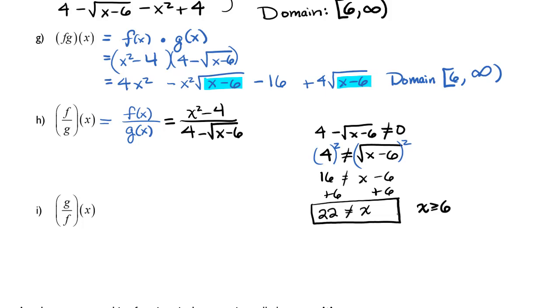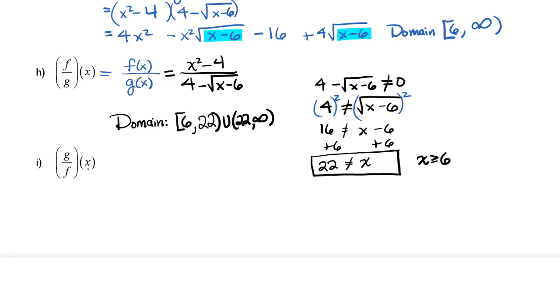If I write this as a whole domain statement, the domain of f over g of x can only exist from 6 to 22, not including 22 because we know that will cause a 0 in the denominator, union 22 to infinity.